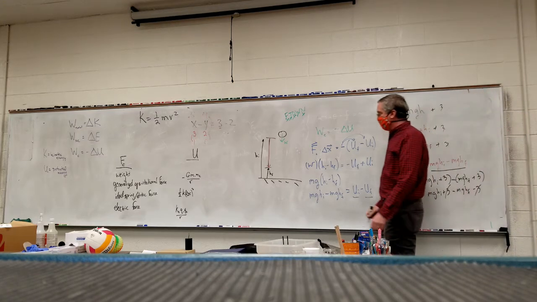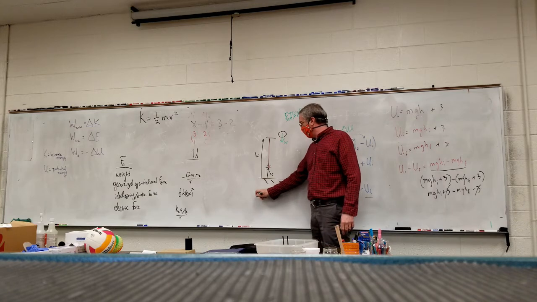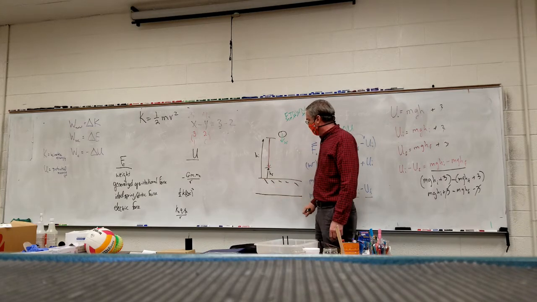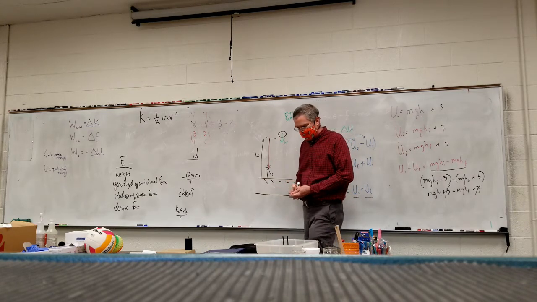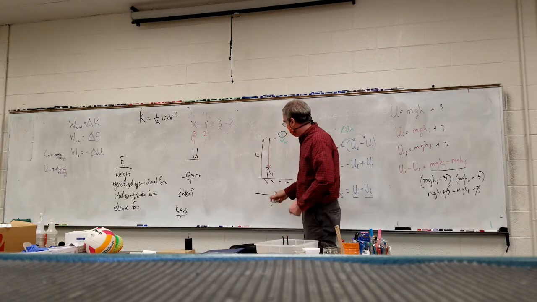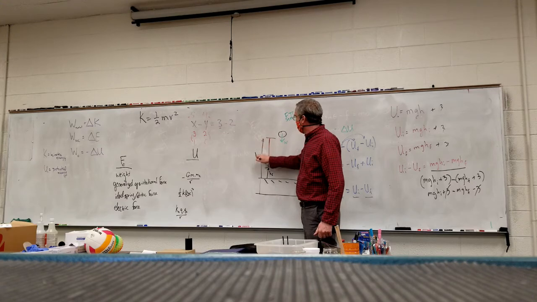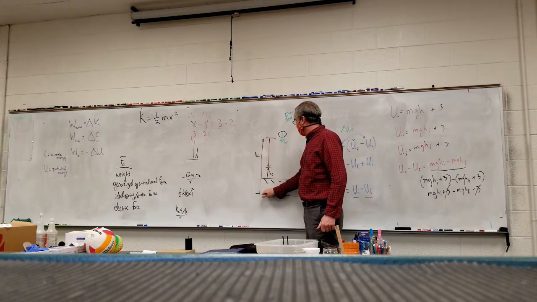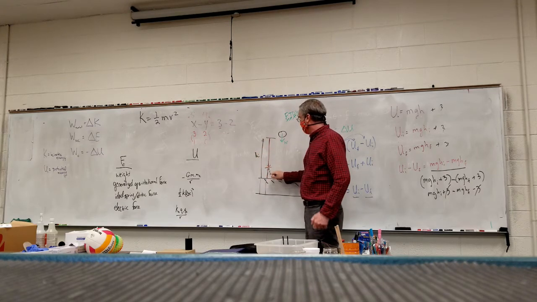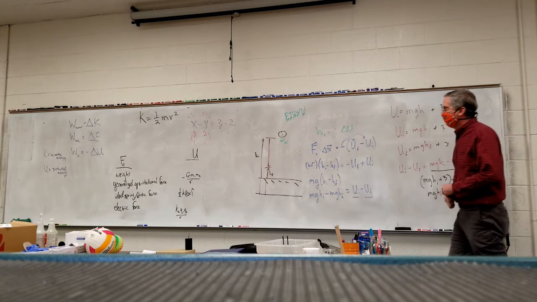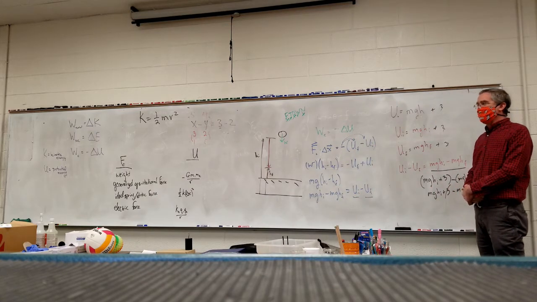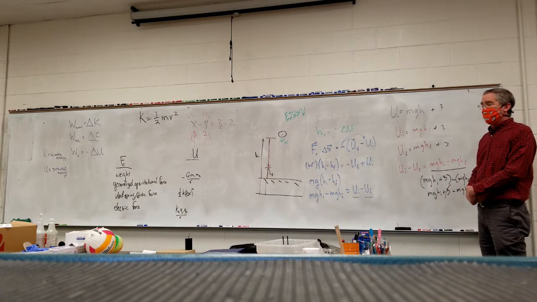Suppose instead, I have the ground here, but I want to make the height from this point right here. Make that H initial, and make that H final. Does my change in potential energy change?